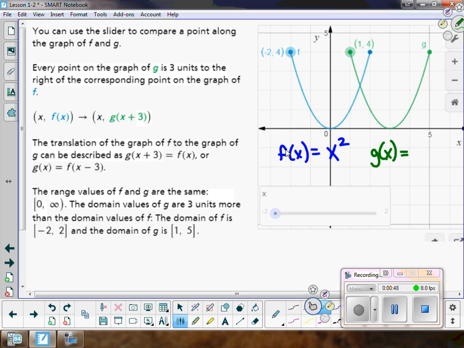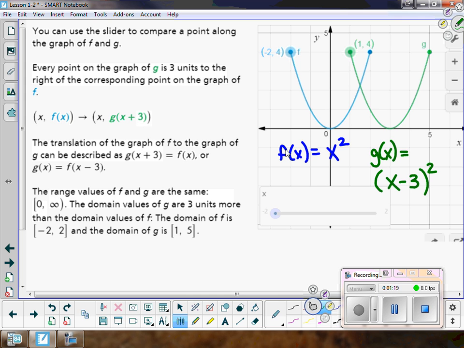So to do this, the equation is going to be, instead of x squared, we're going to do x minus 3 squared. That'll take all the points on the blue graph and move them right 3. Okay, and if you want to double check that on your calculator, you can. Go ahead and plug in y equals x minus 3, the quantity, with parentheses, squared.